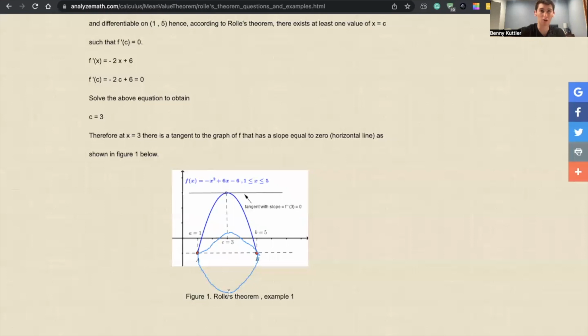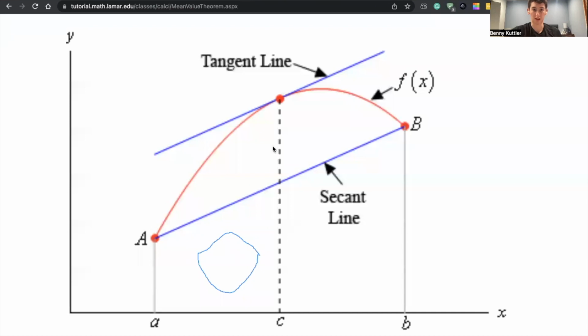And the mean value theorem is essentially just saying the same thing, but generalizing it to anything, so something that's not 0, just a flat line. So here we have a curve with a secant line, which is the average rate of change between these 2 points.